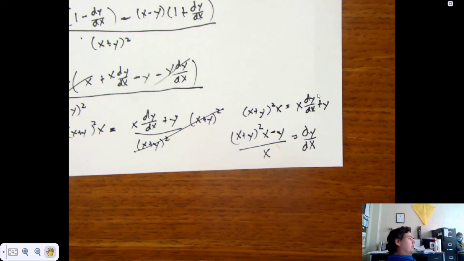That was 4. What's the next big leap? 24? Oh, that's one of those find the lines problems. A is tangent and B is normal. 24 is x sine of 2y equals y cosine of 2x.